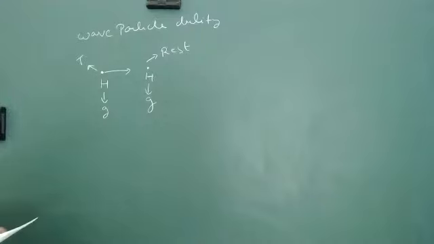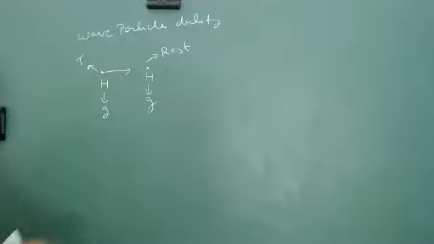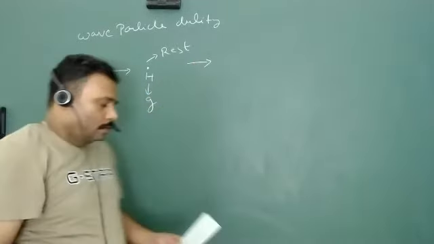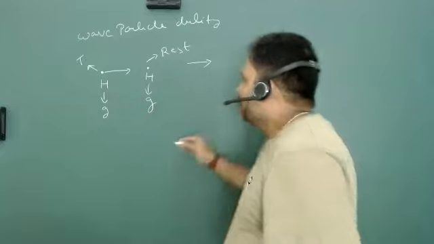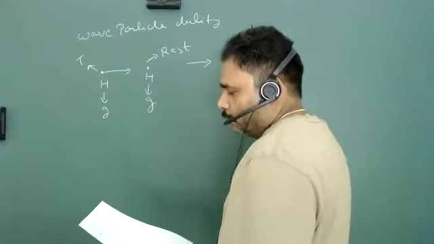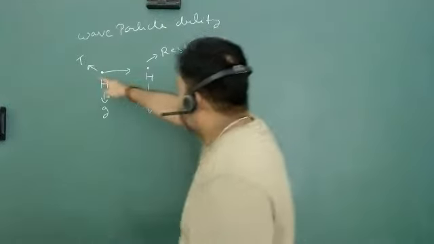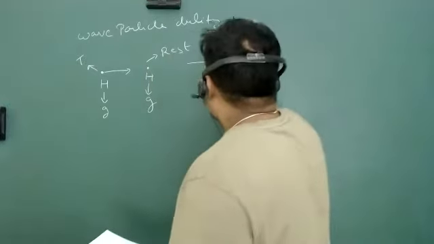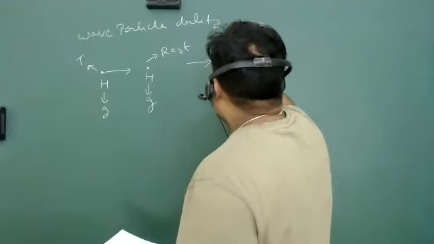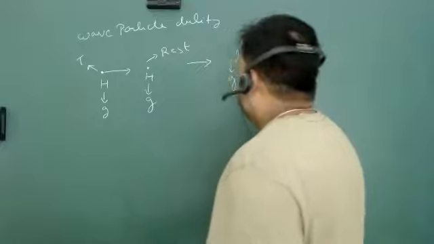So what do we have to calculate? After the collision, one hydrogen atom will remain in the ground state, and another will go into the first excited state.